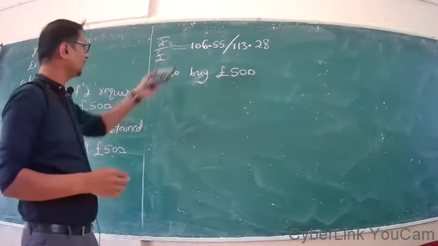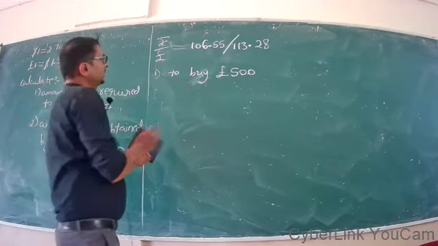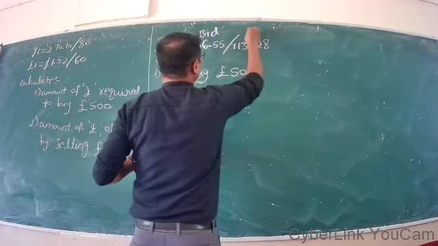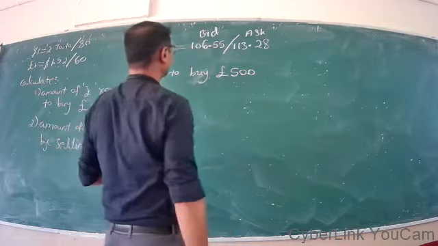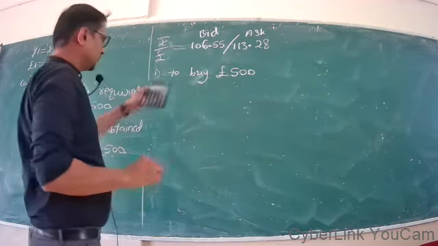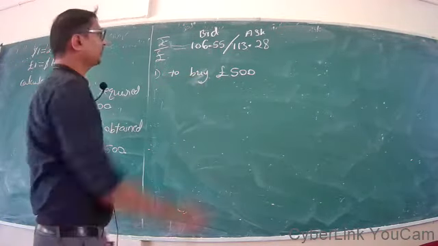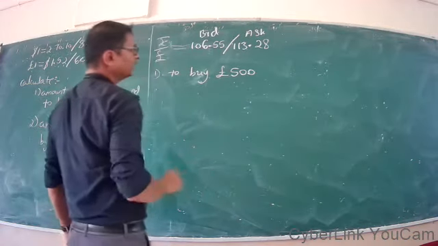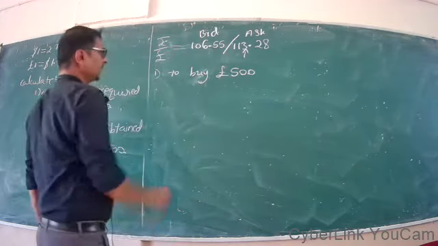So to buy sterling pound, this is the market rate available. Market rate says 106.5 is the bid and 113.28 is the ask price. Bid is the buying price of the market and ask is the selling price. Now an individual is buying 500 sterling pound from the market, and to buy it, the market sells at this rate per sterling pound.